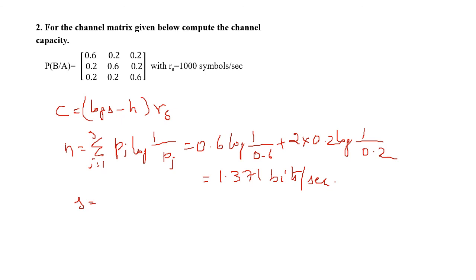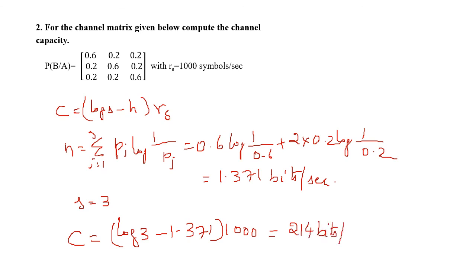So you have 3 columns, so S is equal to 3. So C will be equal to log 3 minus H, 1.371, into Rs, given as 1000 here. So just substitute this value, and you are going to get the channel capacity as 214 bits per second. So this is the channel capacity for the given channel matrix.